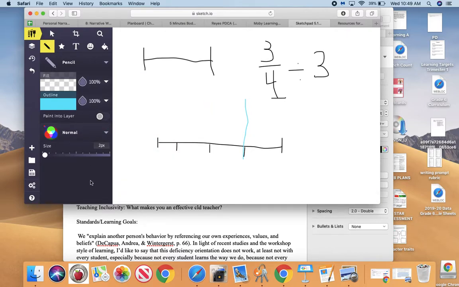Next, I'm going to look, and it's asking me to divide it into 3 equal parts. Let's see how many I have. 1, 2, 3. Are these equal? Well, the answer is yes, they are equal. So we have here 1, 2, 3.